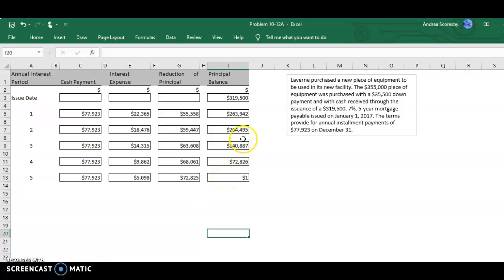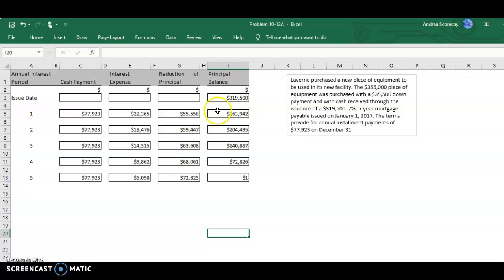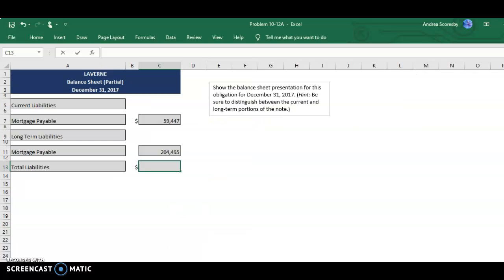So that's going to be the second year's principal balance as well, which is $204,495. So then we will have our total liabilities, and that should equal the first year's balance of $263,942.